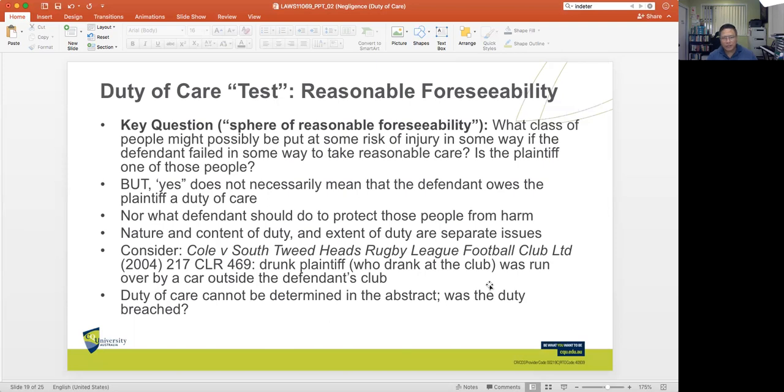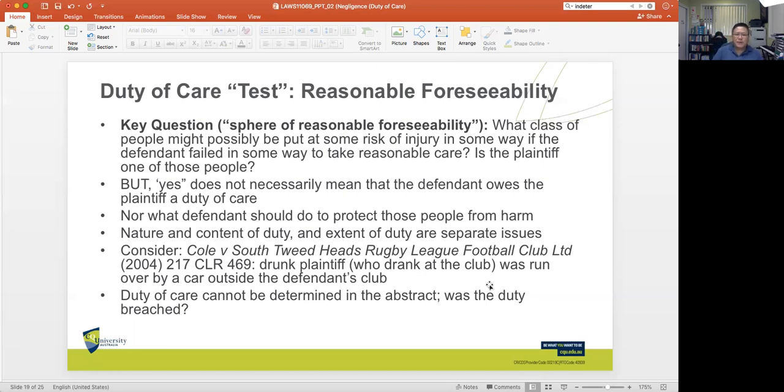The other question that arises is, even if it is stated that a particular defendant owes a duty of care to a particular class of plaintiffs, it doesn't follow that a defendant should then have to take action to protect those people from harm. It doesn't follow.